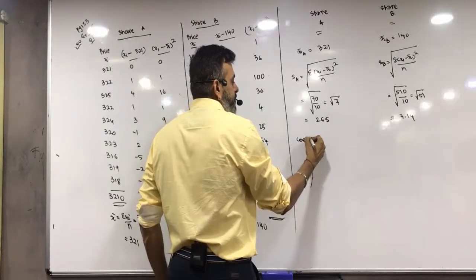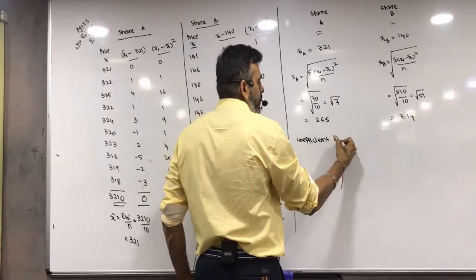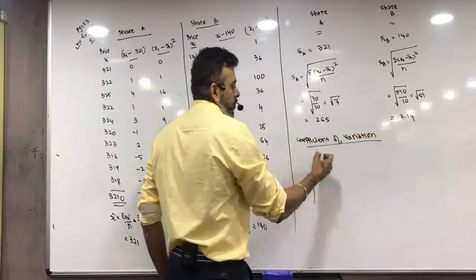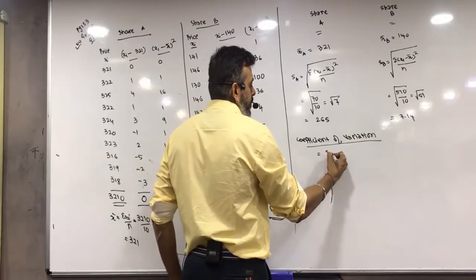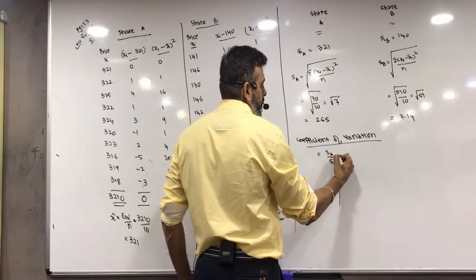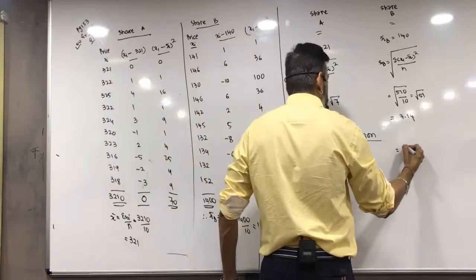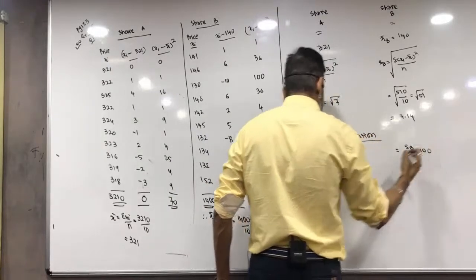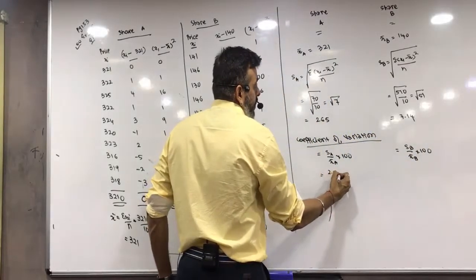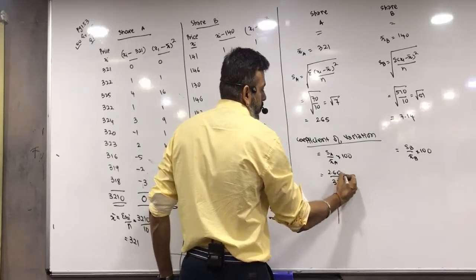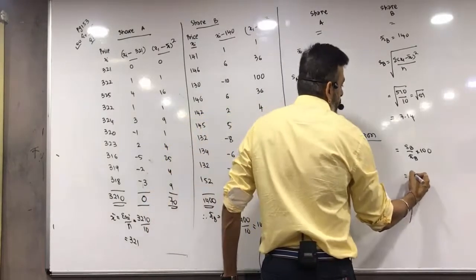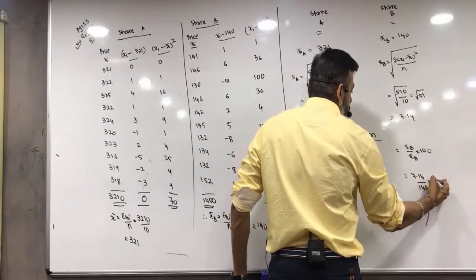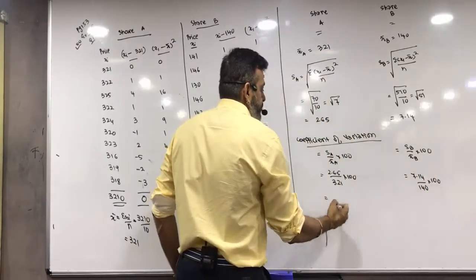Now what we have to find? Coefficient of variation over here is equal to standard deviation of A upon mean of A into 100. Over here, standard deviation of B upon mean of B into 100. 2.65 upon 321 into 100. 7.14 upon 140 into 100.